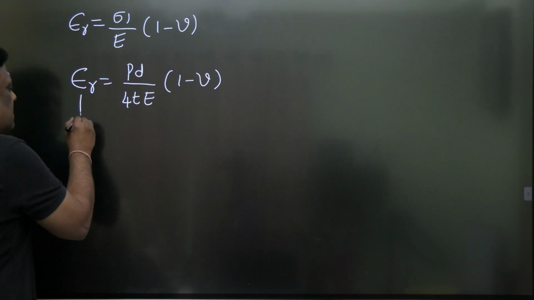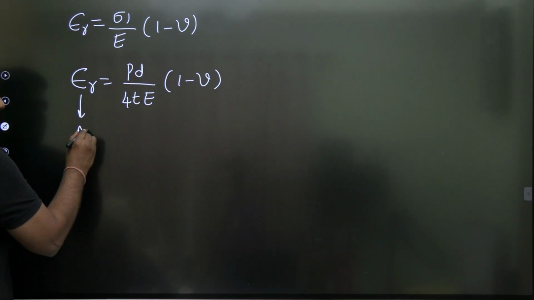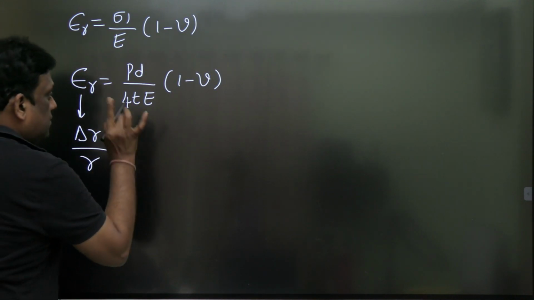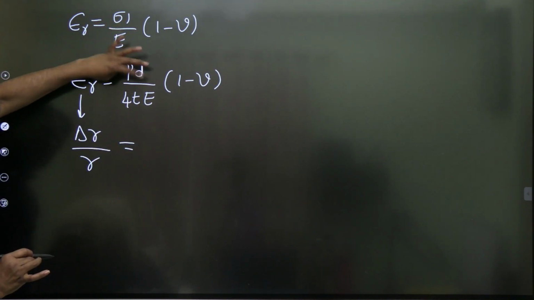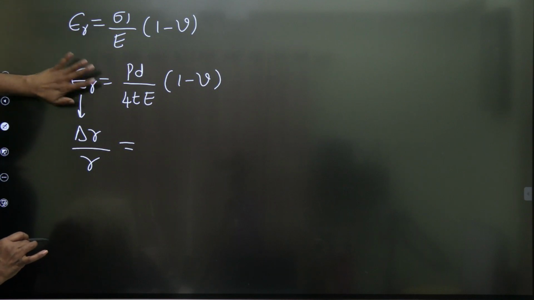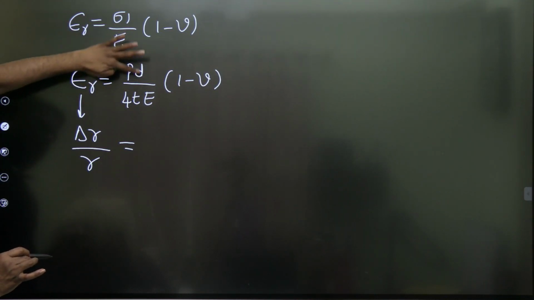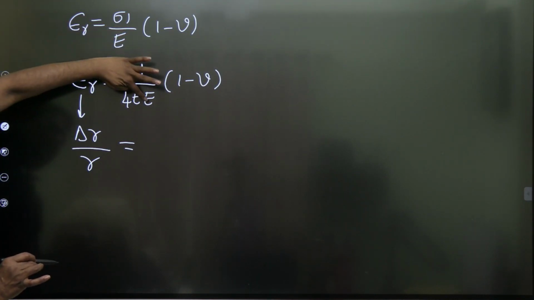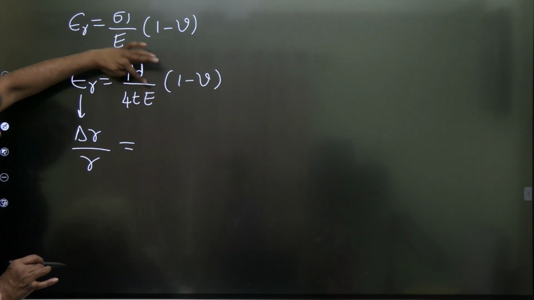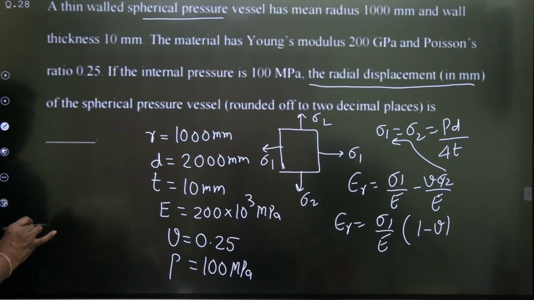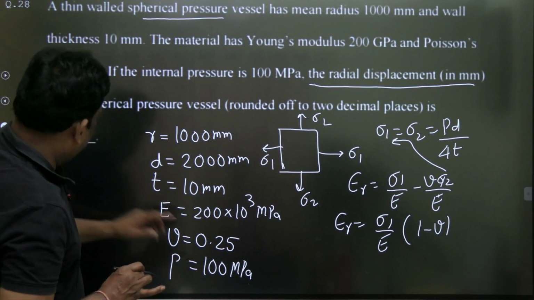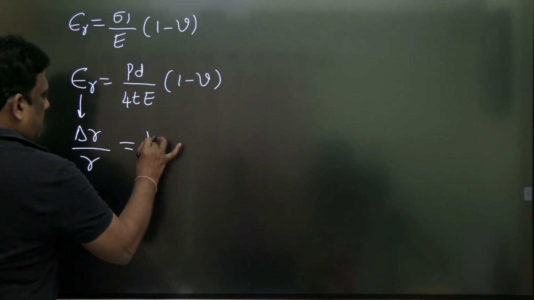So radial strain is given by change in radius to the original radius, equal to PD by 4T into 1 minus nu by E. Check the units. Keep D and T in the same unit, so it is dimensionless, because strain is dimensionless. Pressure and Young's modulus are in the same unit, megapascal, and mm gone. Now, what is P? 100 megapascal.